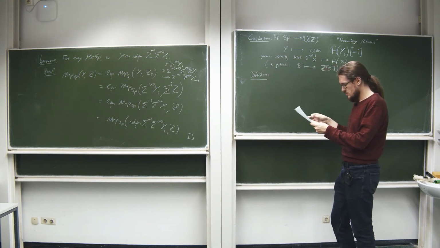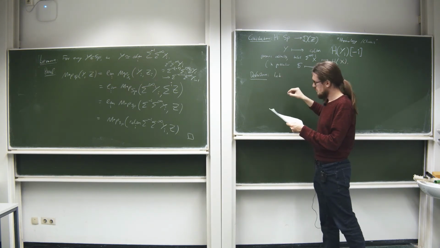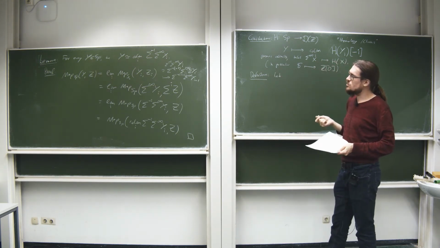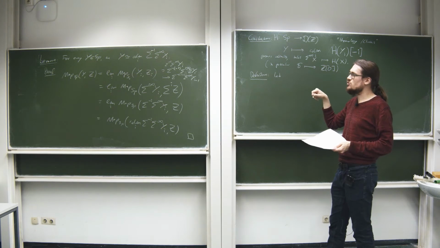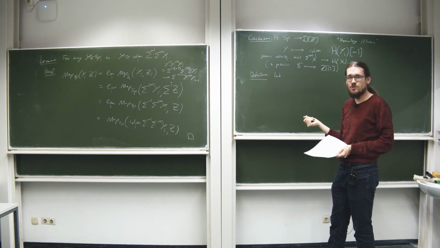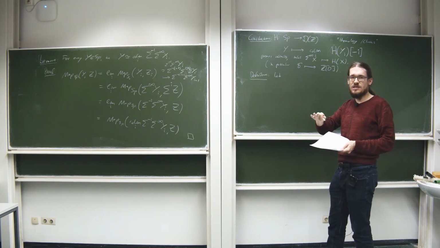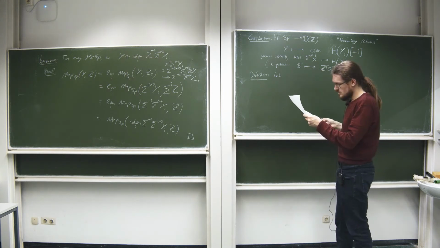We've had this notion of a suspension spectrum of a finite space appear before, right? Maps out of that were simply like a stabilization.